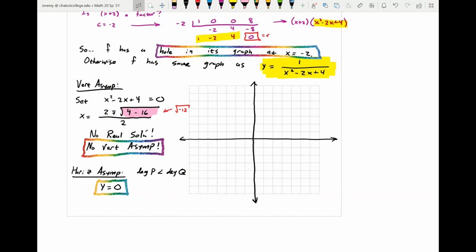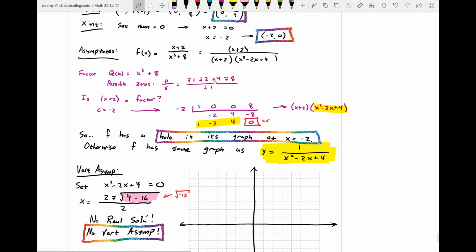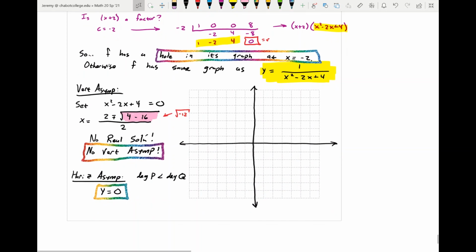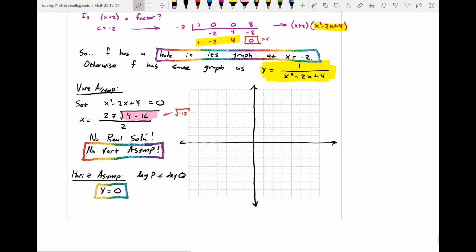Okay, so here's what I'm going to do. Notice that my y-intercept is pretty small, 1/4. So I'm going to set my scale a little differently than I did in previous problems.